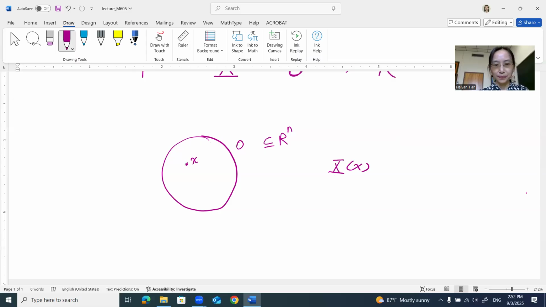So from this to a set of Rn, so this is some image from x mapped into a new vector in Rn.